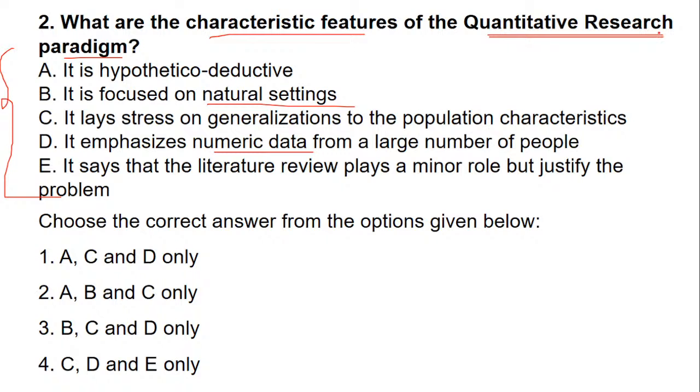Paradigm is nothing but the pattern. So which among them, whether it is hypothetico-deductive, natural settings, generalizations, numeric data, or literature review justifying the problem, comes under the quantitative research paradigm?